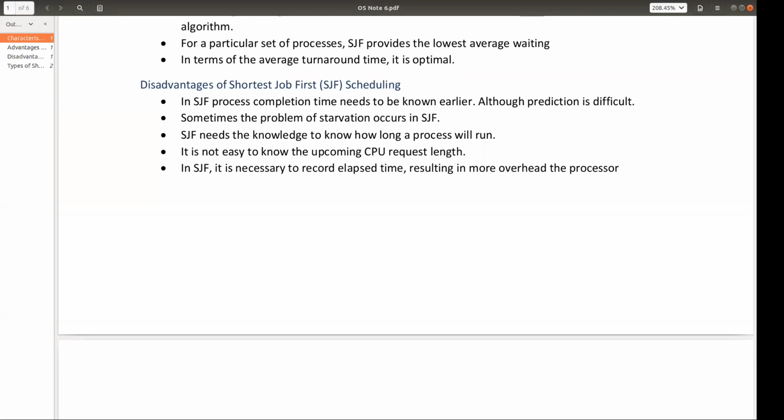Another disadvantage is that SJF needs the knowledge of how long a process will run.